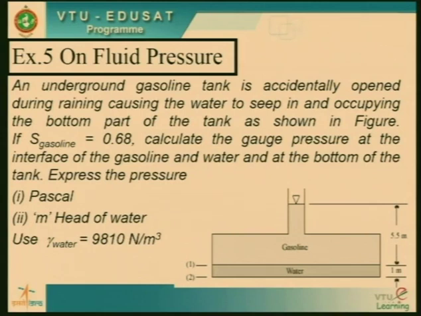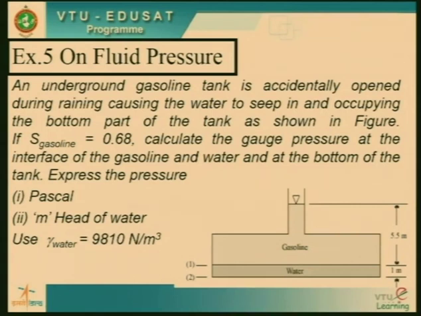So raindrops will come and occupy the bottom position, because water is heavier compared to gasoline. Calculate the gauge pressure at the interface of the gasoline and water at the bottom of the tank. At the same time, express the pressure in Pascal and in meters of head of water, using gamma water as 9810.